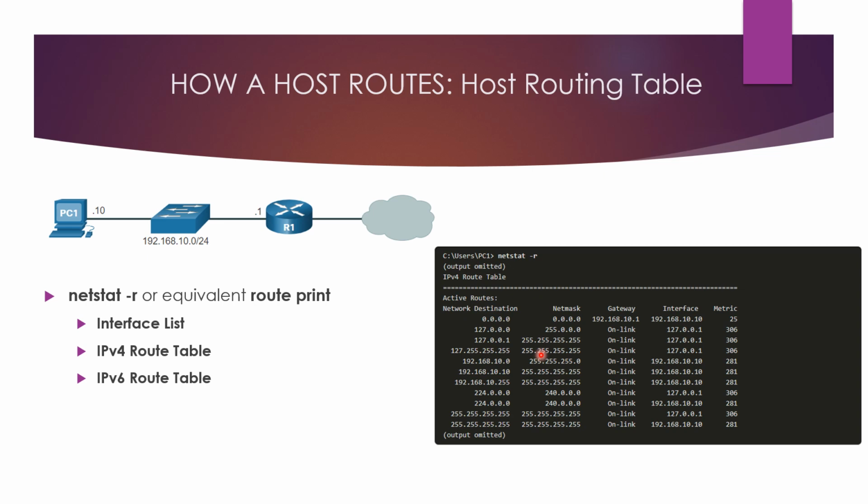We will be able to see the IPv4 route table, which lists all known IPv4 routes, including direct connection, local network, and local default route. And if shown, the IPv6 route table lists the known IPv6 routes, including direct connection, local network, and local default routes.